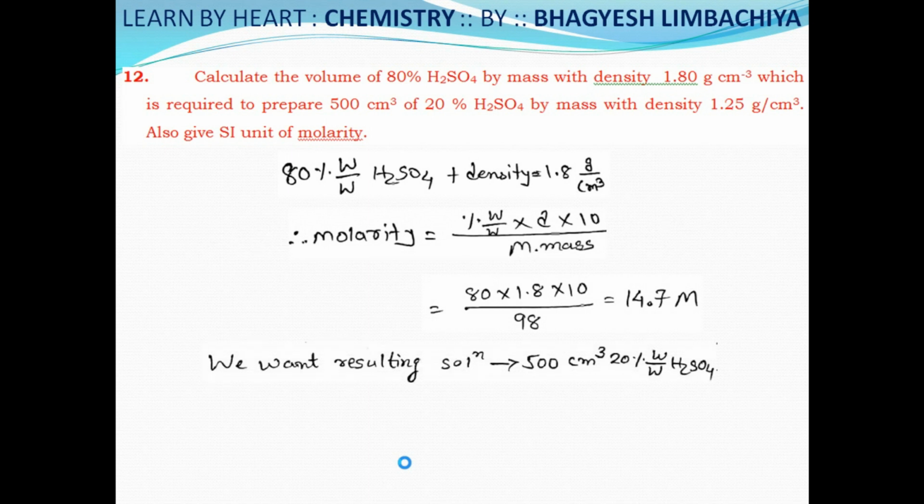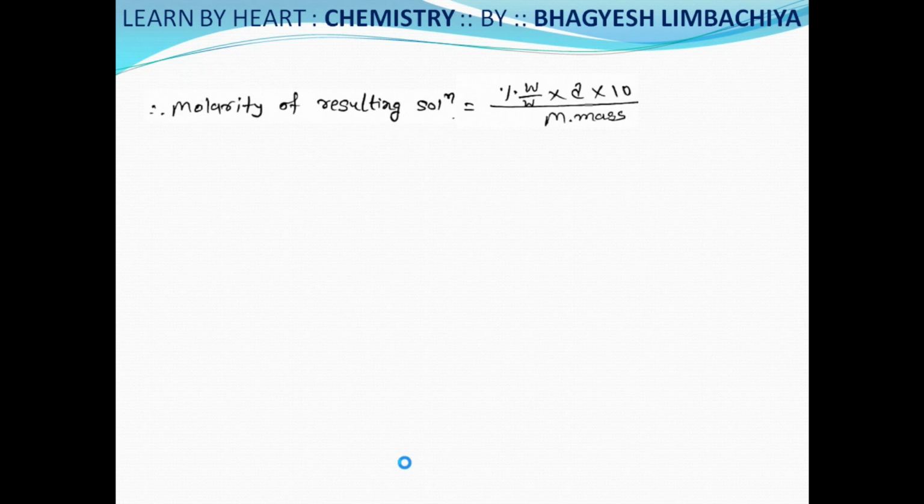Next, we want the resulting solution 500 centimeter cube, 20% W/W H2SO4. So how much molarity is needed for that? It can be calculated again by the given formula, percentage W/W into D into 10 by molar mass, and it is 2.55 molar.